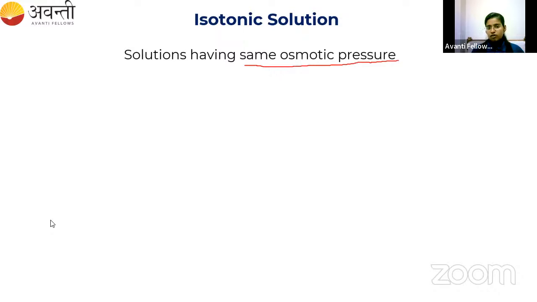So I'm going to have two solutions, solution 1 and solution 2. Both will have osmotic pressure. One has pi 1 and the other has osmotic pressure pi 2. If pi 1 is equal to pi 2, then we call those solutions isotonic solutions.